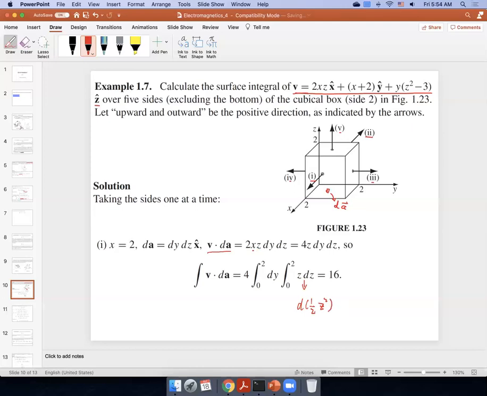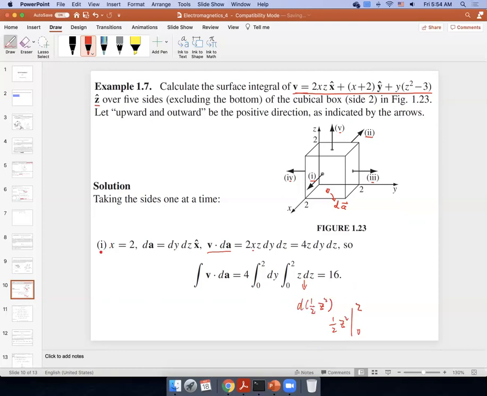So you need to do 1/2 z squared from 0 to 2, which is 2. And then dy from 0 to 2, it's 2. So 4 times 2 times 2, you get 16.